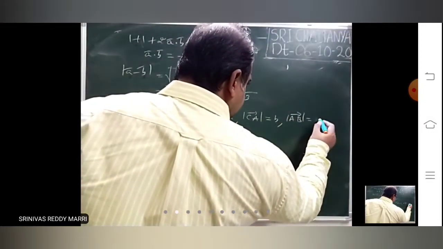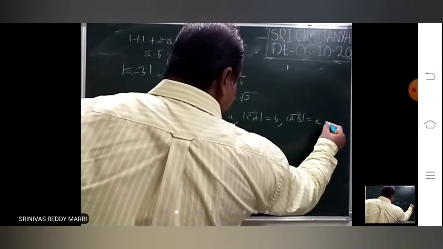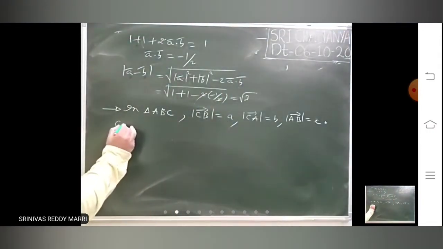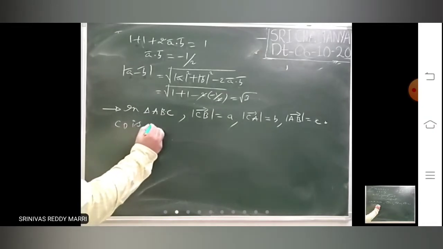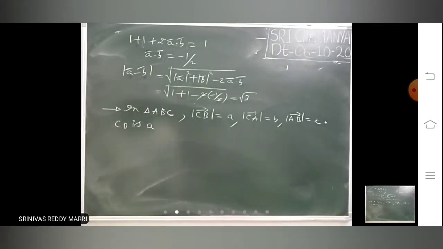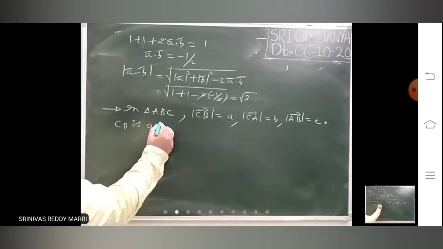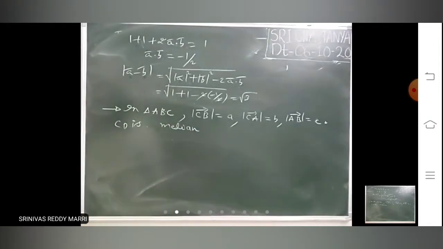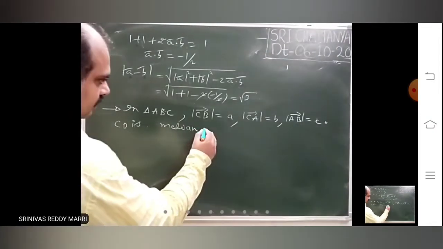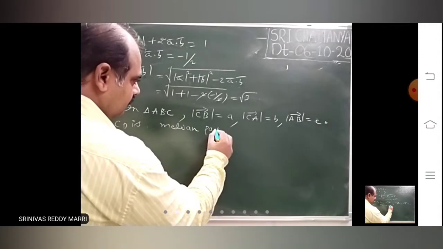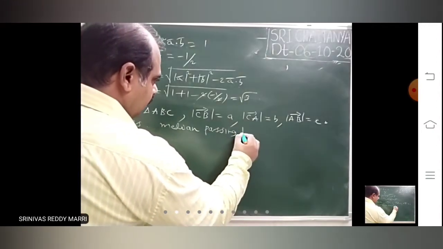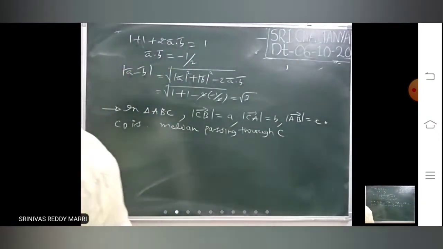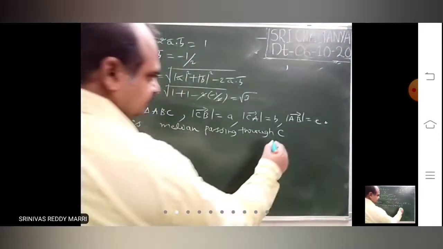Small letters denote magnitudes, as given. CD is a median, passing through C.